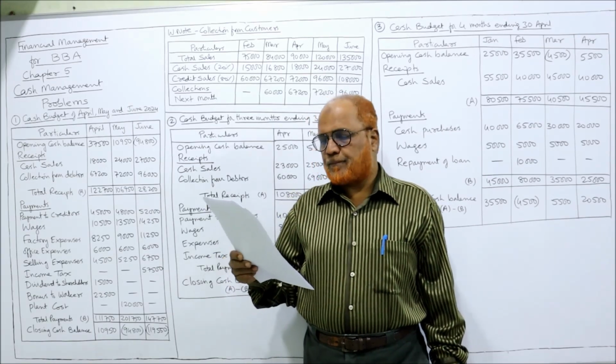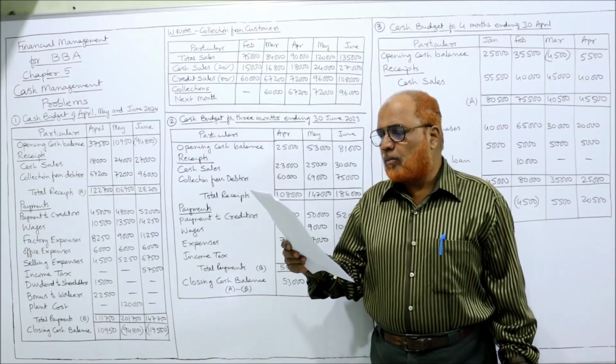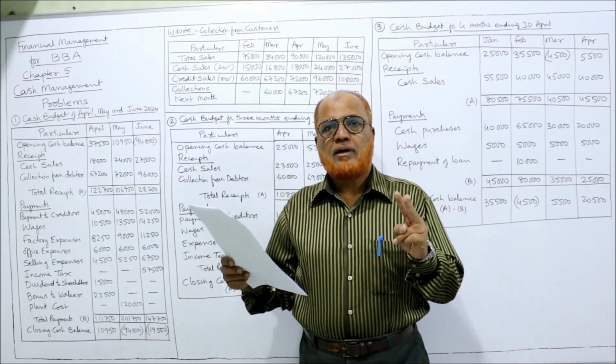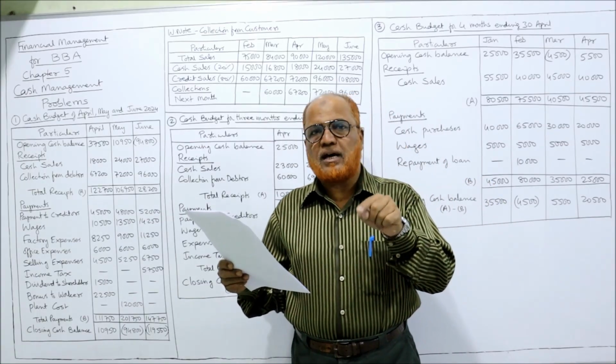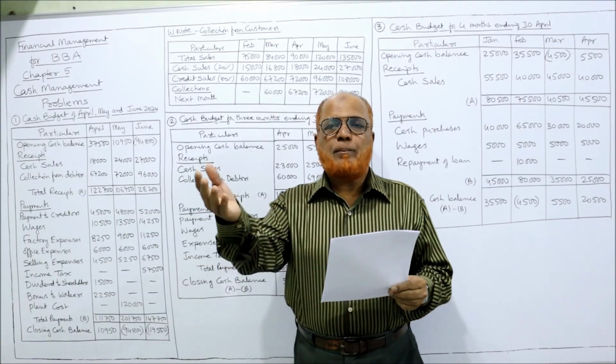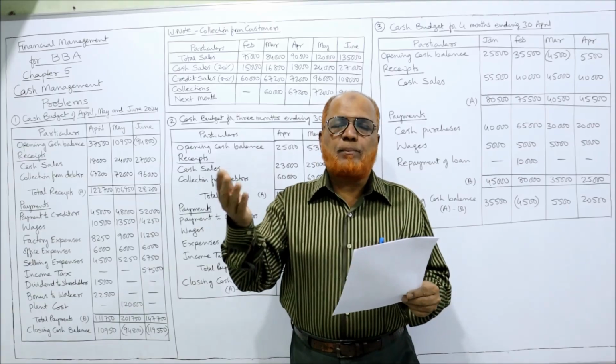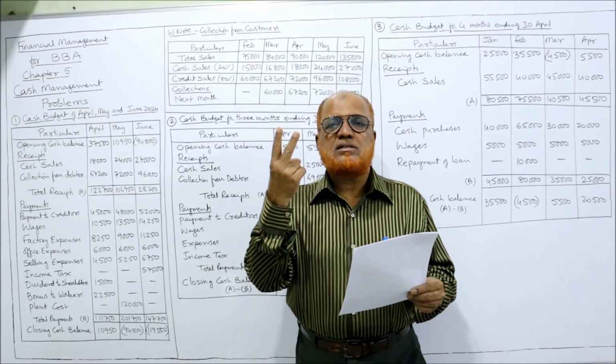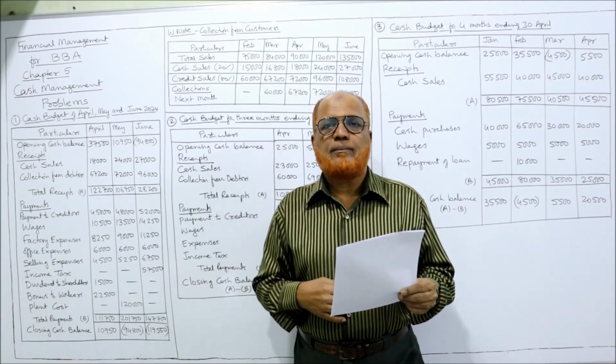Now, other information. Period of credit allowed by supplier is 2 months. That means we are purchasing goods from the supplier, and the supplier is giving us 2 months time to make the payment.